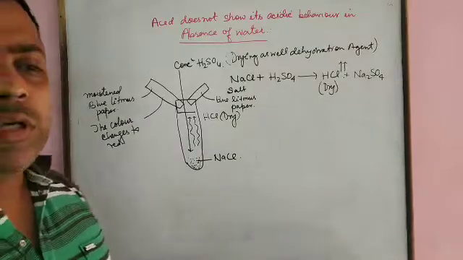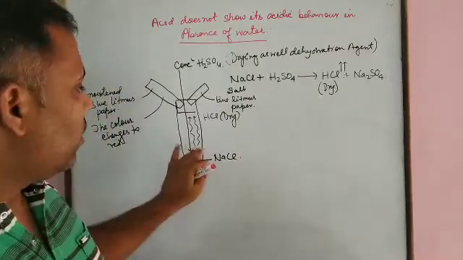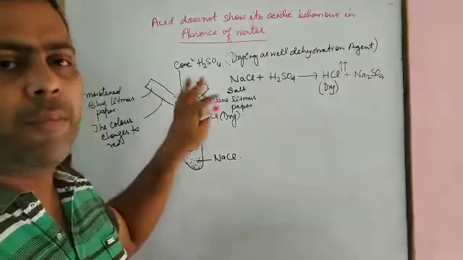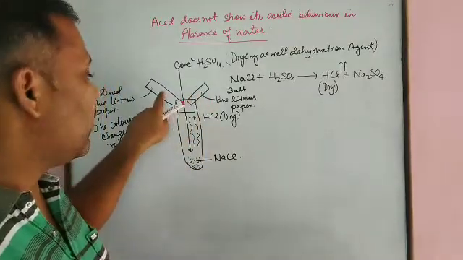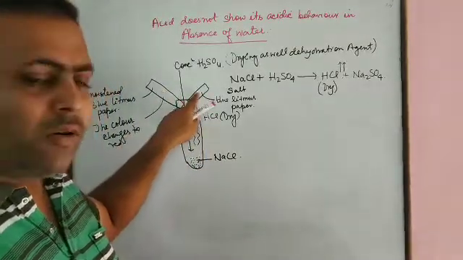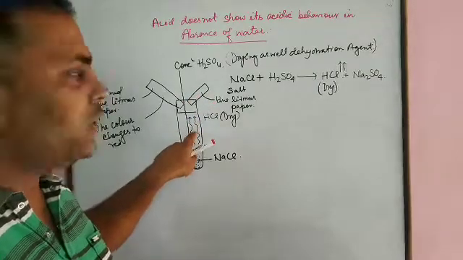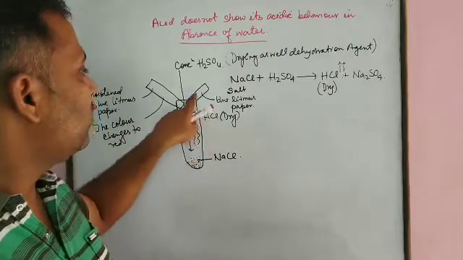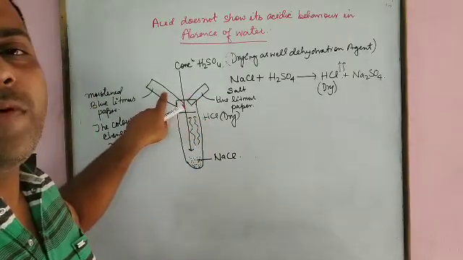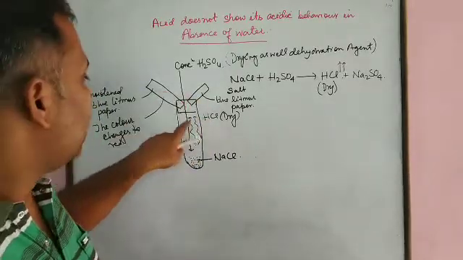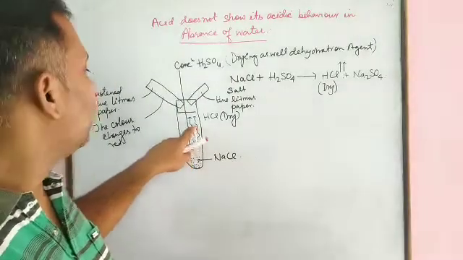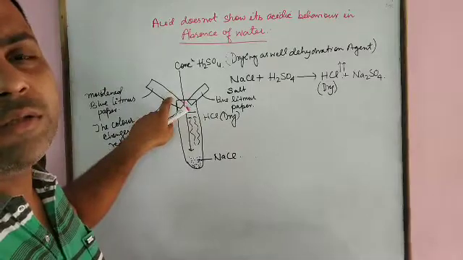What does it show? We have the dry HCl gas, and the same paper. One is dry and one is moist. The gas is without water, but this paper is moist. It means this HCl turns the moist litmus paper red. It means HCl shows its acidic behavior only and only in the presence of water.